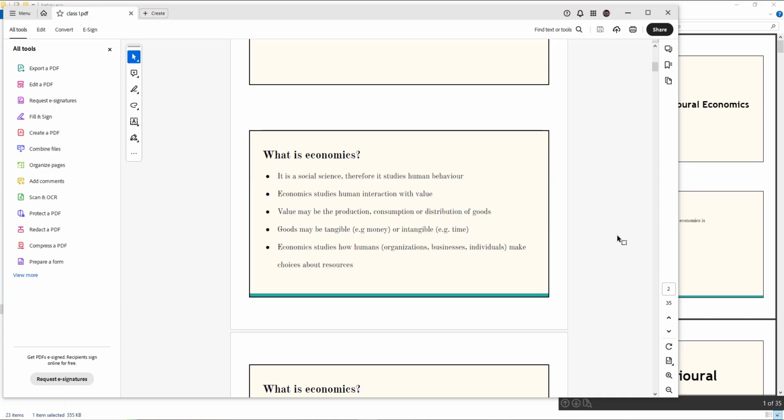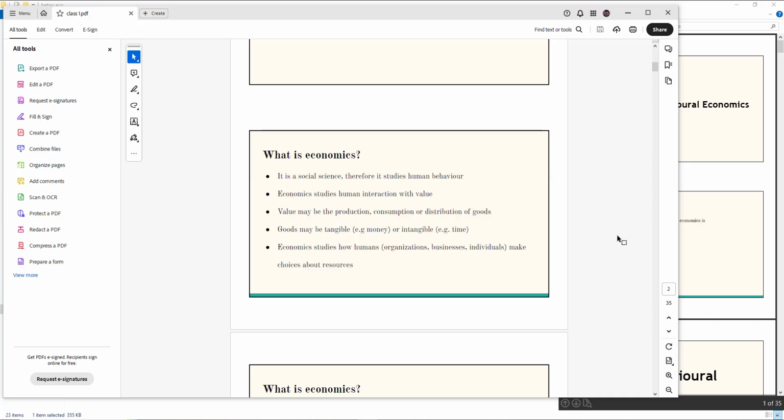So economics studies human interaction with value, which can be the value of any resource. We usually measure the value in monetary terms in economics. So whatever resource you are talking about, we talk in terms of money, whether it is actual money, whether it is time as a resource, or any input that you are using for production.